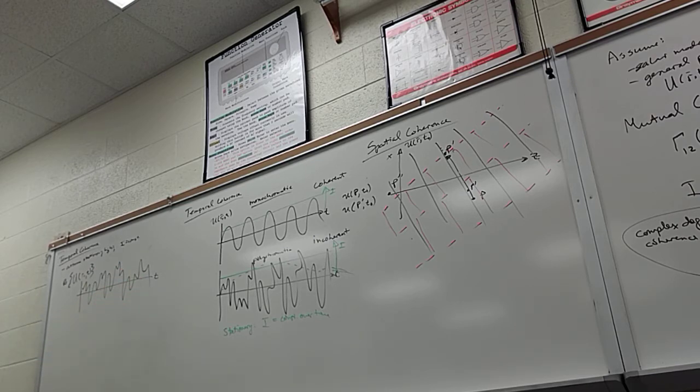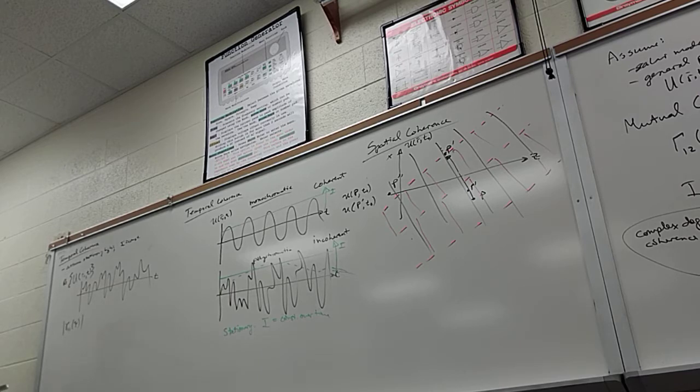And then if we consider the temporal coherence, we can say a couple of things. First of all, this is polychromatic, so it's going to be, well, let me back up.